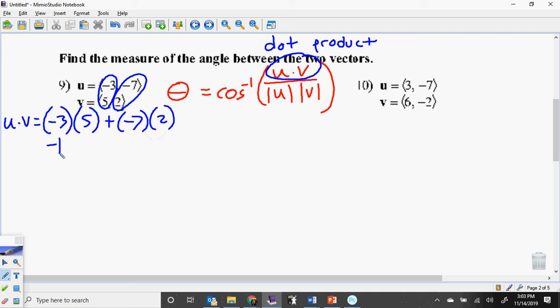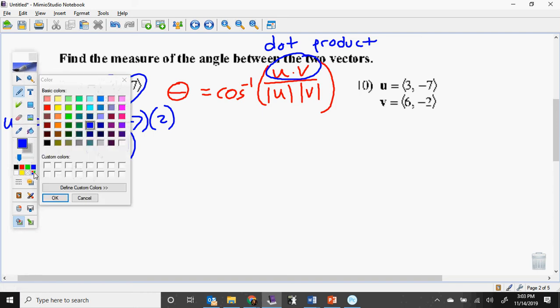So negative 15 plus, actually, well, plus negative 14. So really negative 15 minus 14 is negative 29. So there's my dot product.